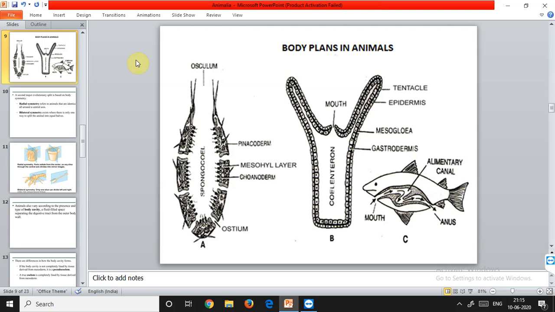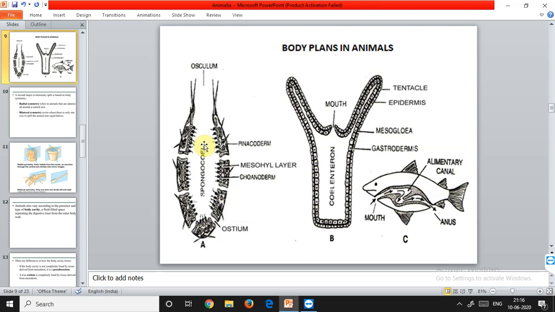So the first body plan of animals is the cell aggregate plan. What happens in this plan? The animal body is just an aggregation of cells with little or no coordination between them. So in this, cells are present in large numbers, but there is very little or even no coordination between the different cells.